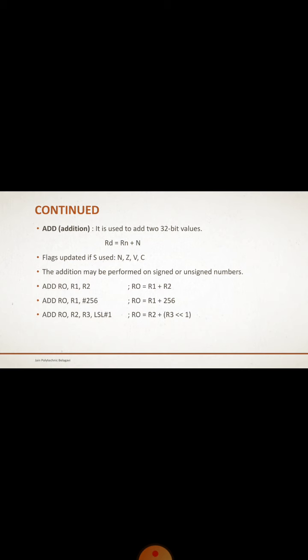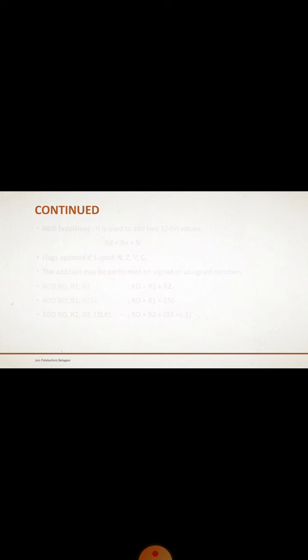In this, first the contents of R3 will be shifted towards the left by one position. Then R2 and R3 contents will be added and the result will be stored in register R0. The next instruction is ADC, that is add with carry. It is used to add two 32-bit values along with the carry.